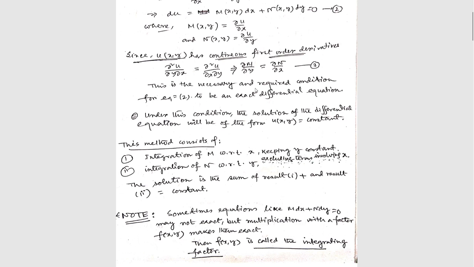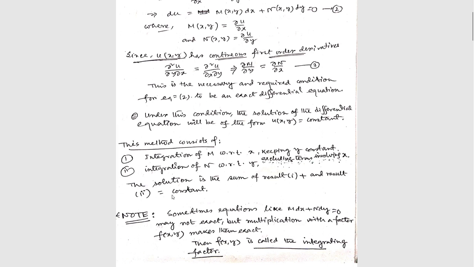First you have to test whether it is exact or not, and the condition is ∂M/∂y equals ∂N/∂x. Once it is an exact differential equation, then you integrate this M with respect to x, keeping y constant. This is the first part. The second part is to integrate this N, but be careful that in this case all the terms involving x will be excluded.